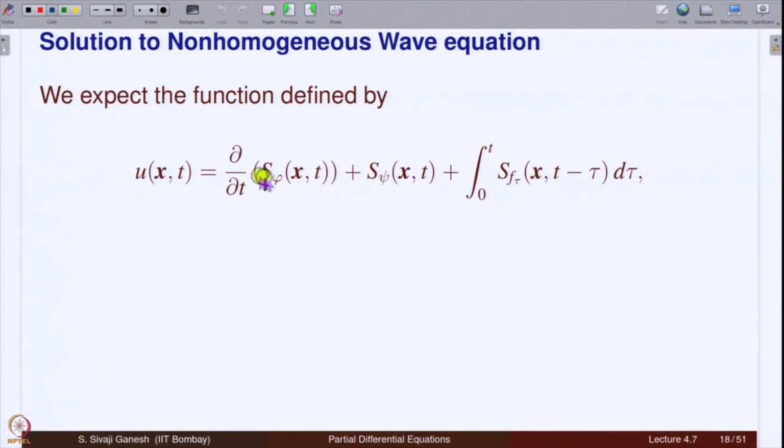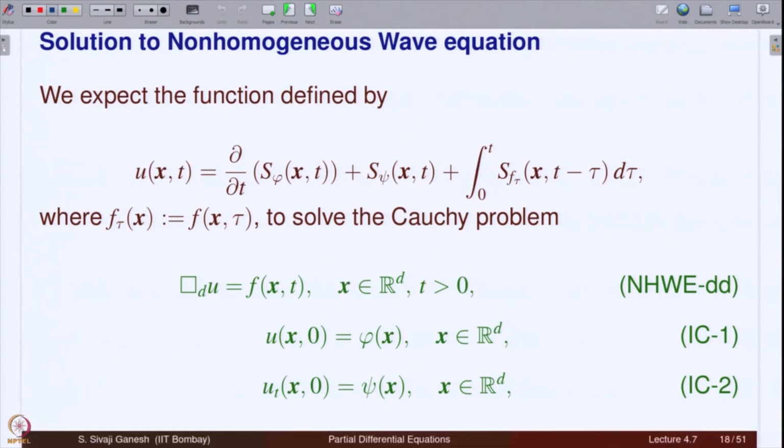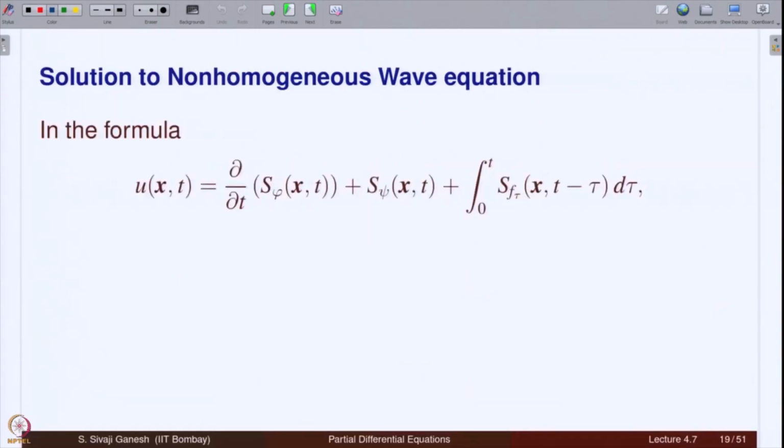So, we expect this to solve the non-homogeneous wave equation with the Cauchy data. Here f tau of x stands for f of x comma tau. We expect that to solve this Cauchy problem, which we call the non-homogeneous Cauchy problem. So, we have to check that.